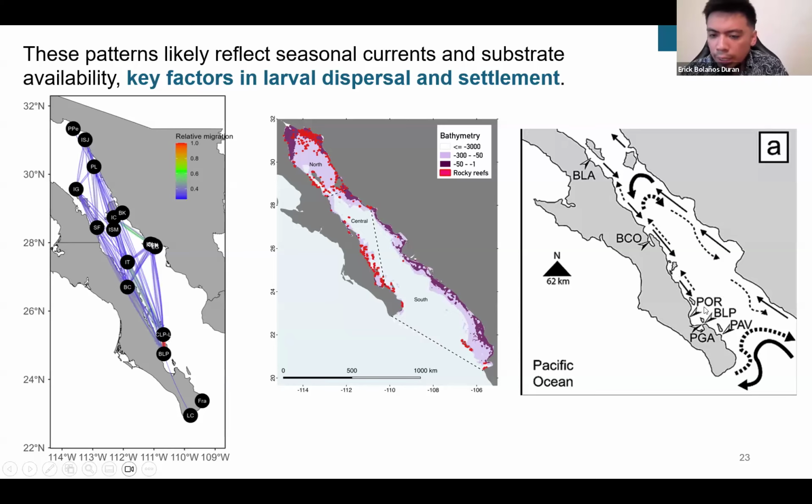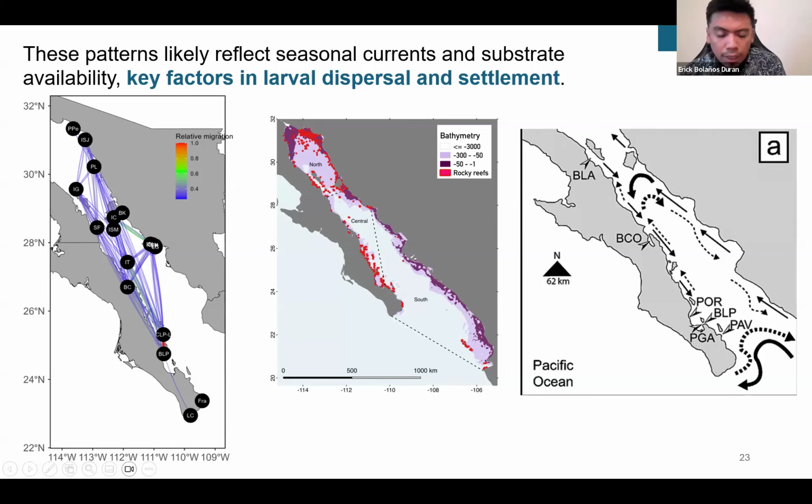Also, here on the peninsula side during the summer, which is the reproductive peak of Porites panamensis, we observe that currents are bidirectional, so they can disperse larvae through sites here on the peninsula side.